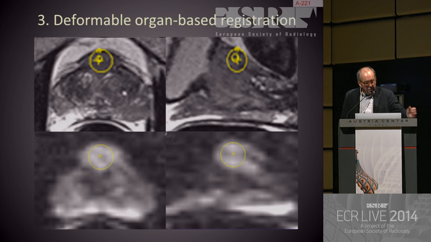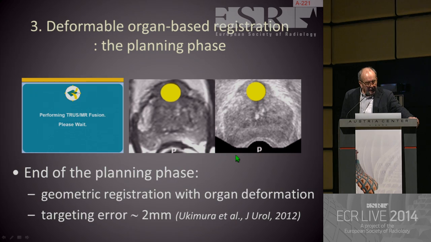And then you place a region of interest, because you see it very easily on T2 or on diffusion, and then you activate the fusion. And this is after the end of the planning phase, you obtain a geometric elastic fusion between the MR contour, which has been deformed to match exactly the contour of the TRUS image.